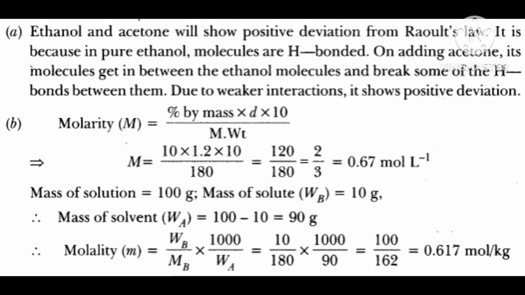Then first you should know the number of moles of chloroform and dichloromethane. That is the first thing. You calculate the number of moles of both.